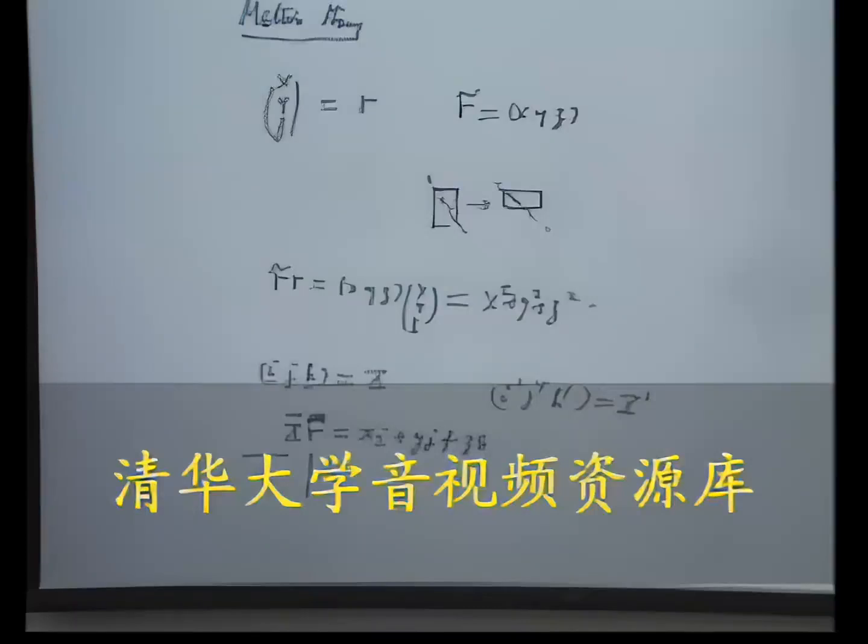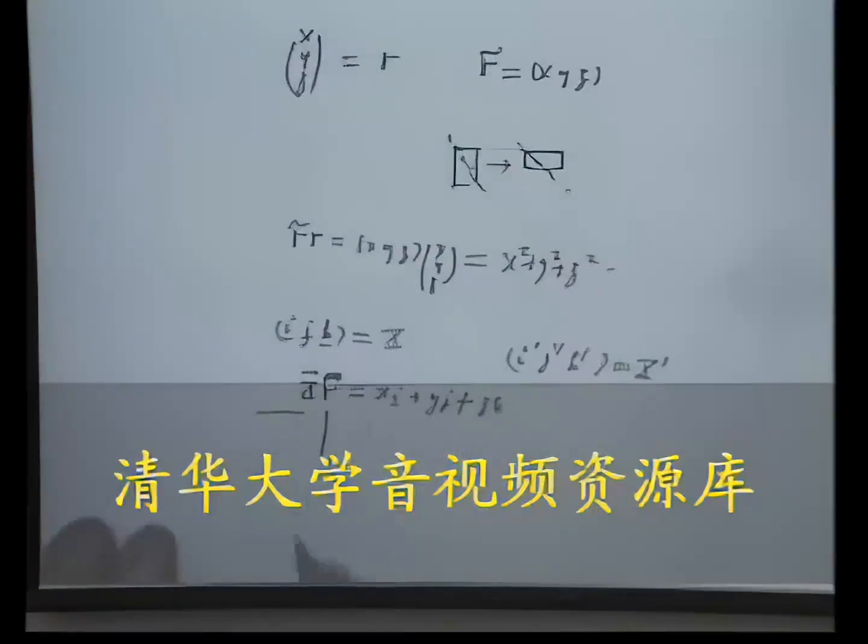I shall call it the i prime, j prime, k prime. And I write it as a row matrix, x prime. Then x prime, r prime is equal to x prime, i prime plus y prime, j prime plus z prime, k prime.